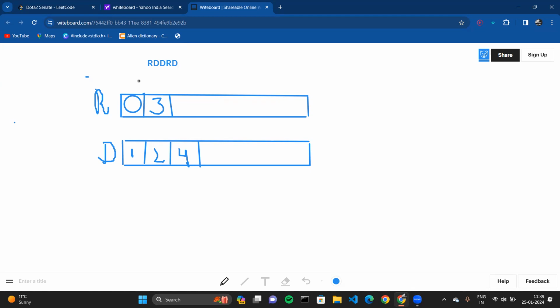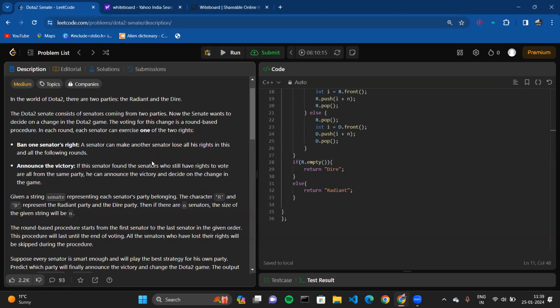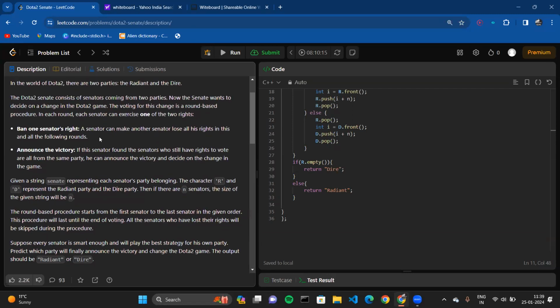So the election will be held in rounds. In every round, these many people at max can be processed or asked to vote. Now, what are the rules of the game? In every chance, a senator, what is a senator? Senators are these.